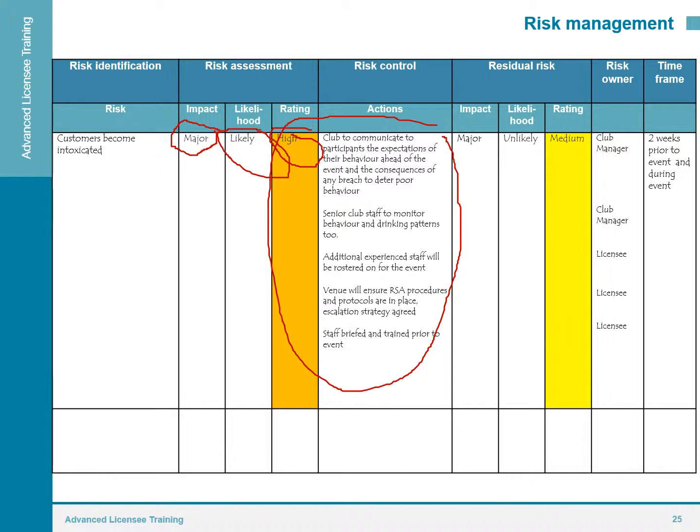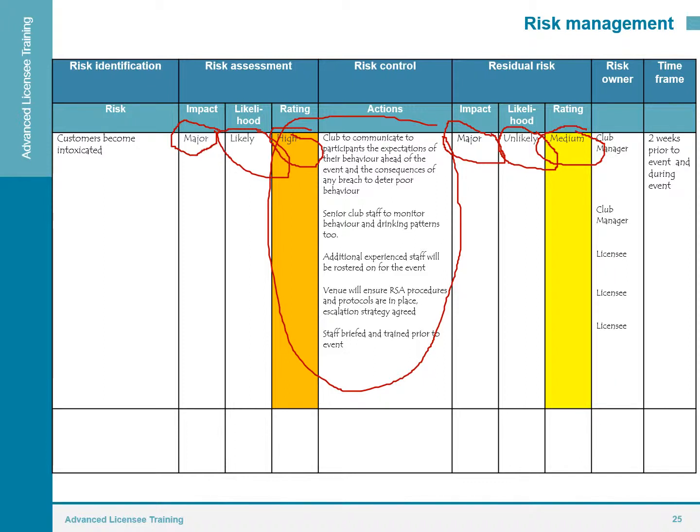So looking at our residual risk then, after we've implemented our controls, the impact of people becoming intoxicated is still major. We're still subject to fines and maybe court action and maybe regulatory action. However, we can reduce the likelihood of people becoming intoxicated, bringing our risk rating down to medium. So our residual risk is medium.